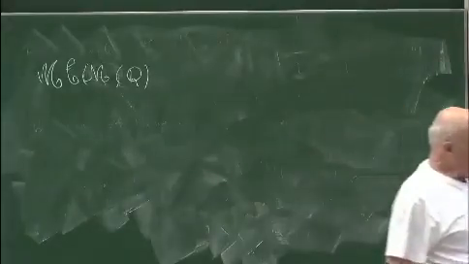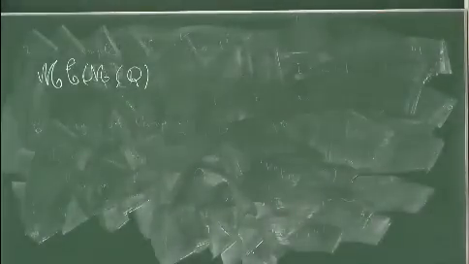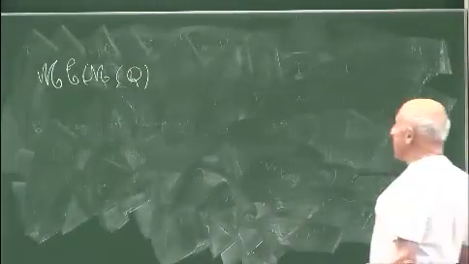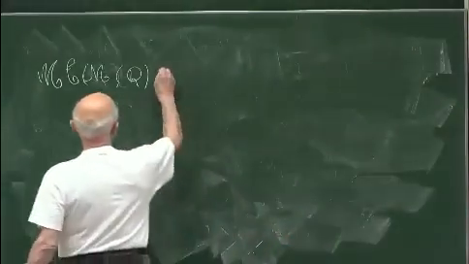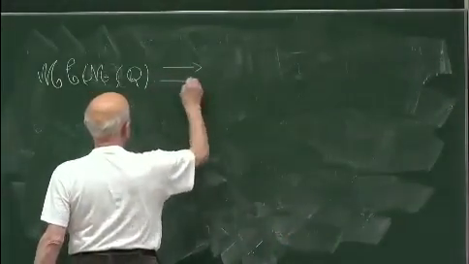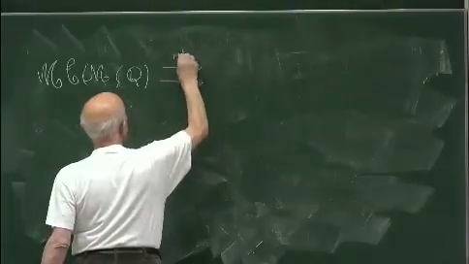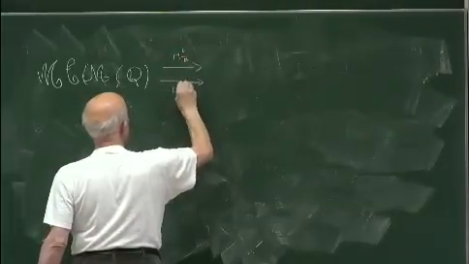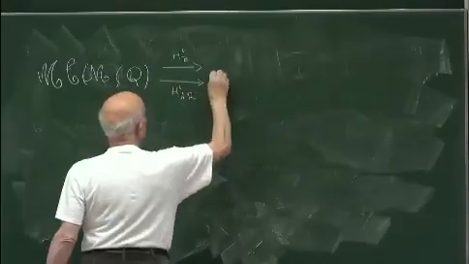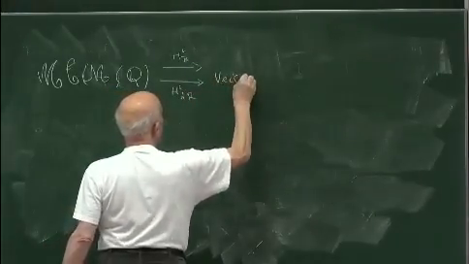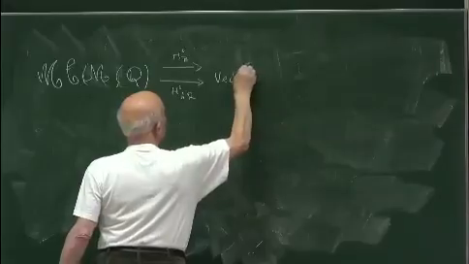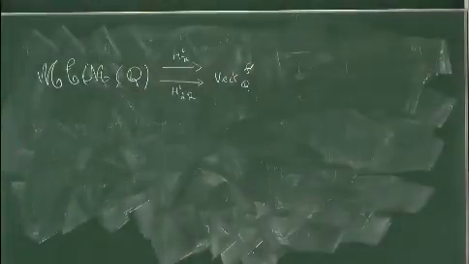This category has two kinds of properties. First of all, there are realization functors, which I call H_B and H_dR, to finite dimensional vector spaces over Q.